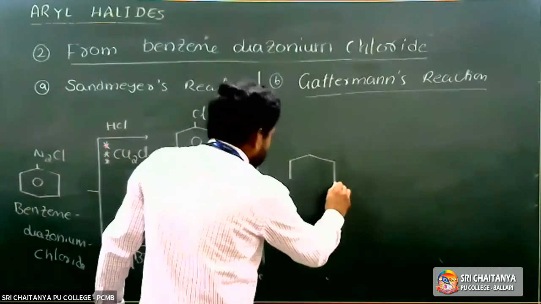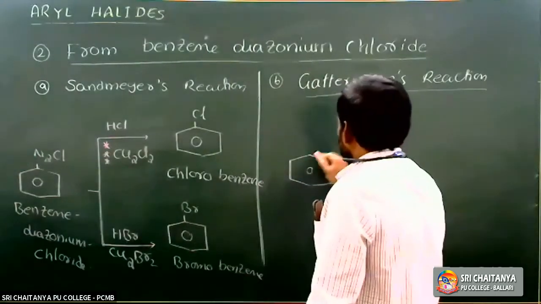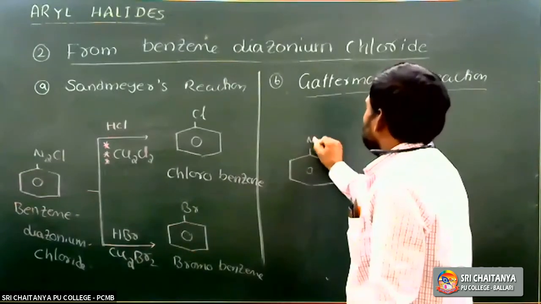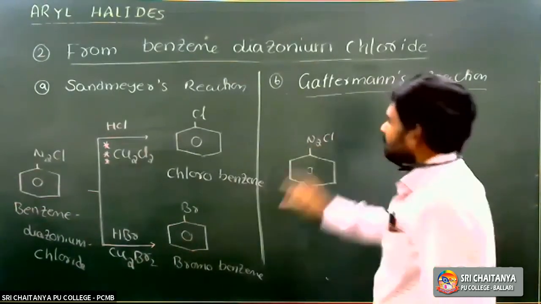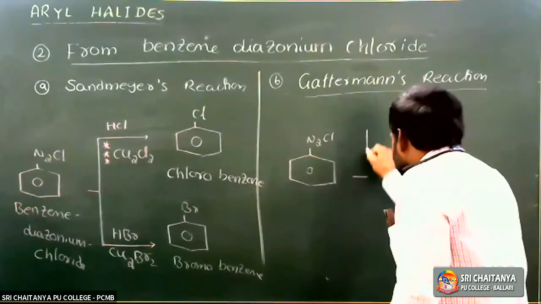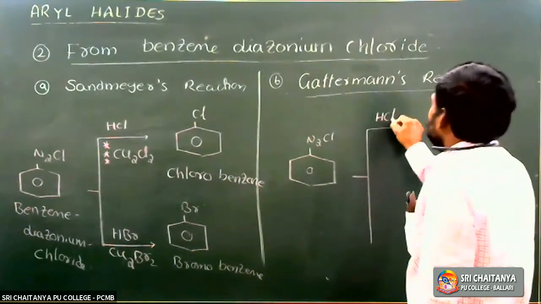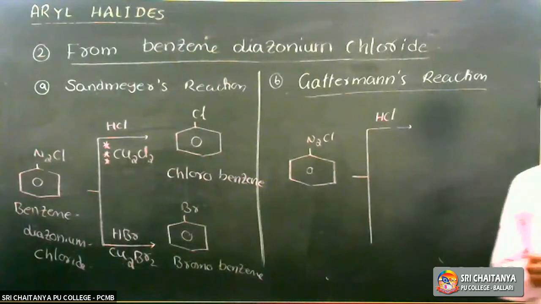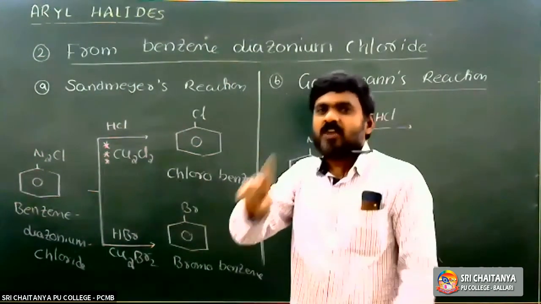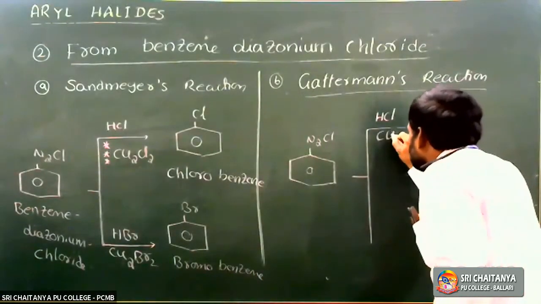In Gattermann reaction or Sandmeyer's reaction, the starting reactant is benzene diazonium chloride. When benzene diazonium chloride is treated with HCl, in a Sandmeyer reaction we use cuprous chloride. Instead of cuprous chloride, we just use copper powder, Cu.